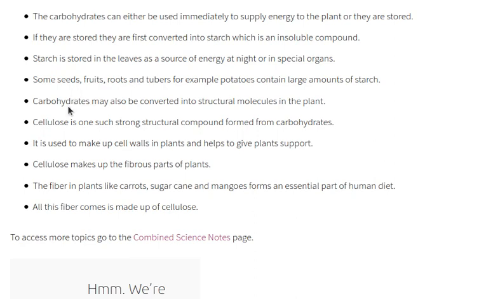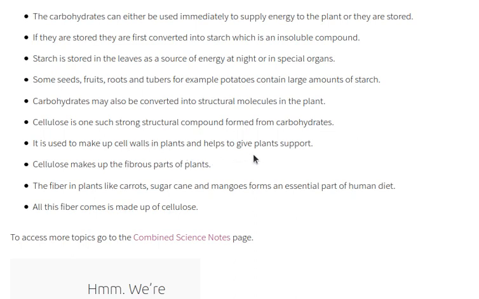Carbohydrates may also be converted into structural molecules in the plant, right? Cellulose is one such strong structural compound formed by carbohydrate, right? It is used to make up cell walls in plants and helps to give plants support. When you were talking about the plant cell, I'm pretty sure that you mentioned something about the cell wall, which covers the whole plant cell.